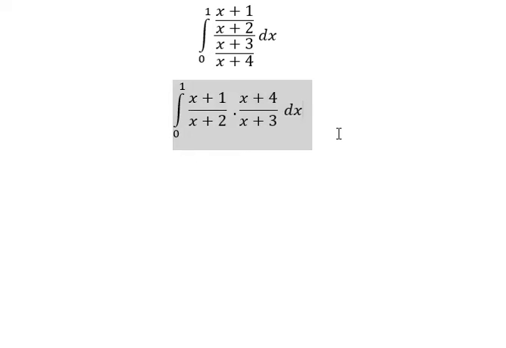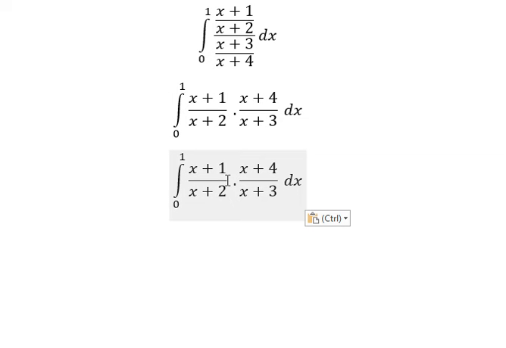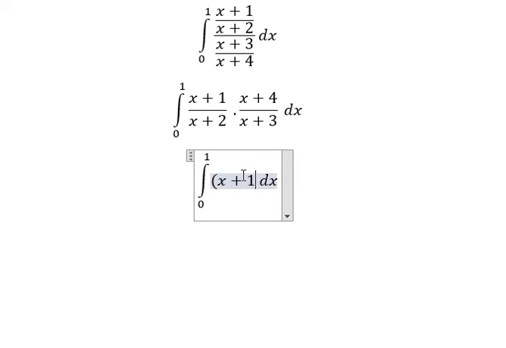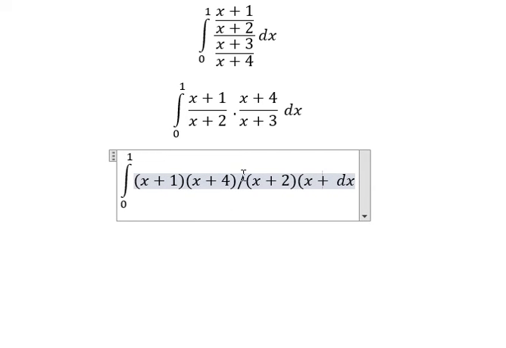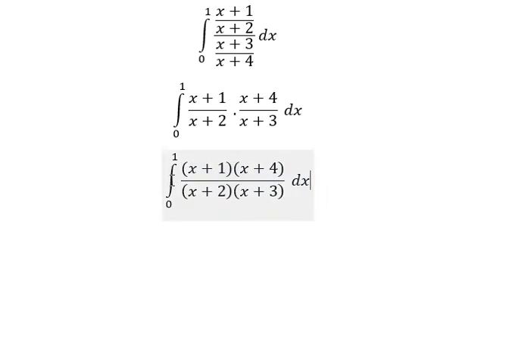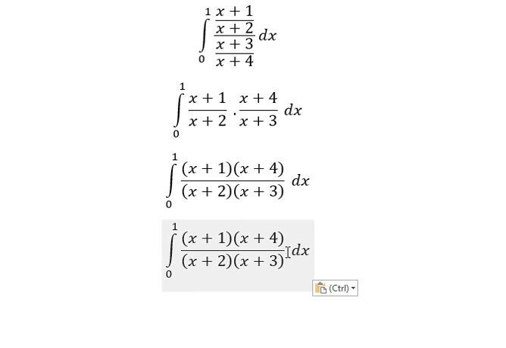Next, we need to multiply both of them. And now we need to expand this one and this one.